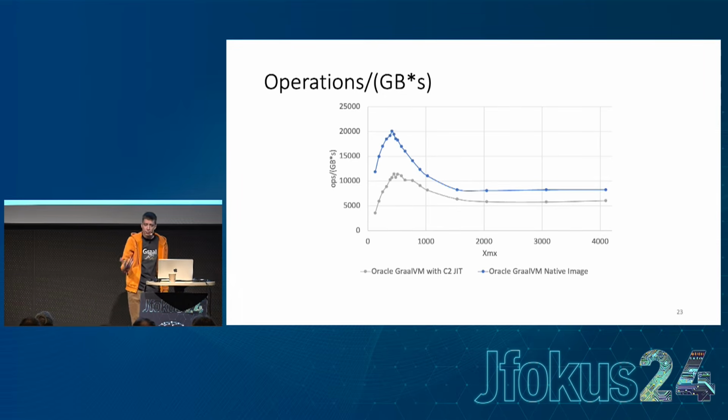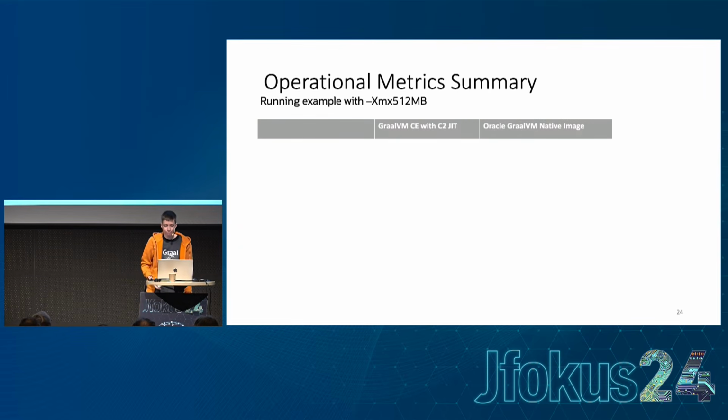For an application that's scaling, or where I'm considering how much it costs to run it, this is where you want to go. What we can also see is that operations per gigabyte second for native image is twice as good as the JIT version.